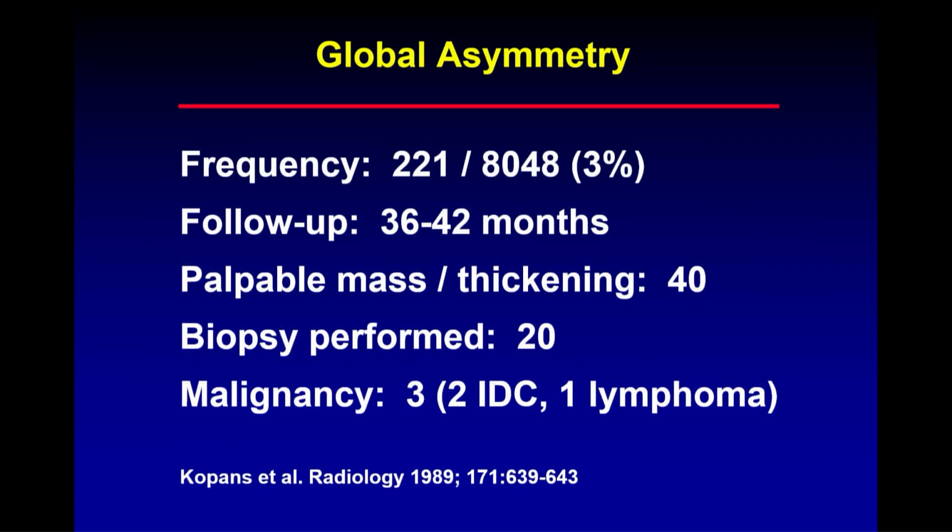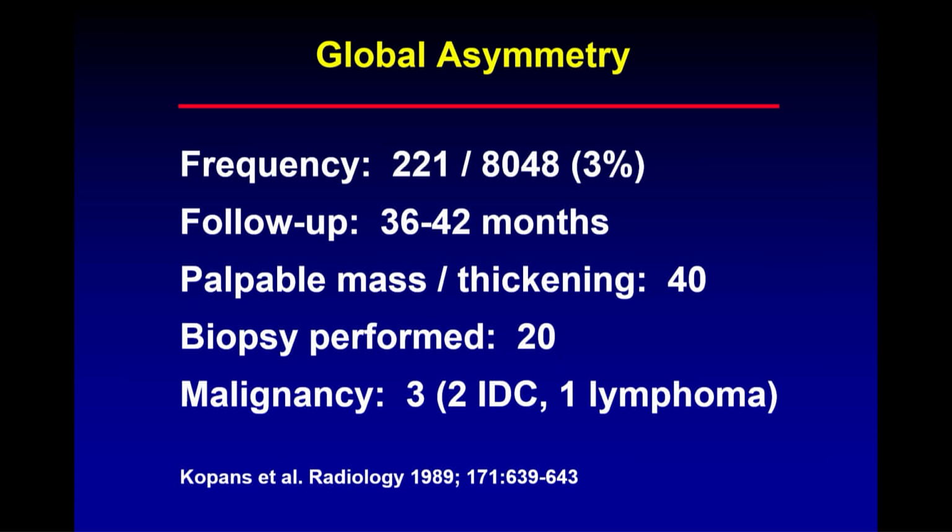This is the article. It's written by Dan Kopans way back before BI-RADS started. But what he described is what we now call global asymmetry. And he studied over 200 cases where there's this big difference in breast density from one side versus the other. Followed the patients for a long period of time.